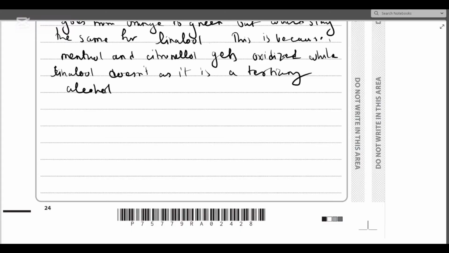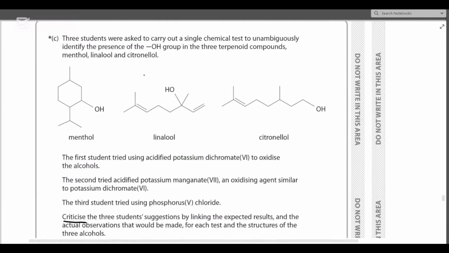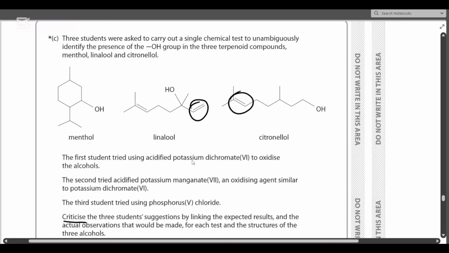As a result, it won't be able to accurately identify the presence of the OH group, as it is also going to react with the carbon to carbon double bond in linalool and citronellol, further oxidizing the alkene and producing diols. So the whole point of adding potassium manganate(VII), to identify the OH group, won't be achieved, because we won't be able to distinguish which group the color change took place for.